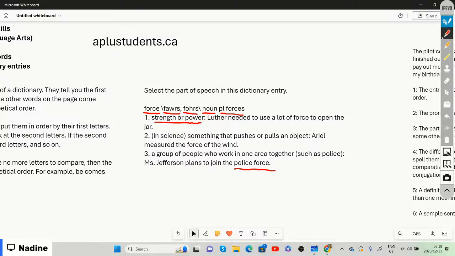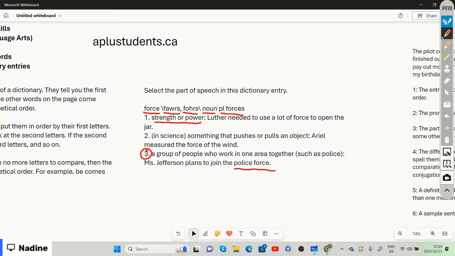So the dictionary basically makes it much easier for you to not just look up a specific word and get the meaning, but it guides you in ways to make it much easier for you to understand, by giving example sentences, many different ways in which you can use the word, for example, and also in what other way maybe the word is being used. So force doesn't just have to be strength and power, but if we look at the third example, right?